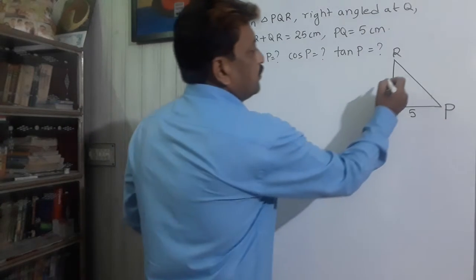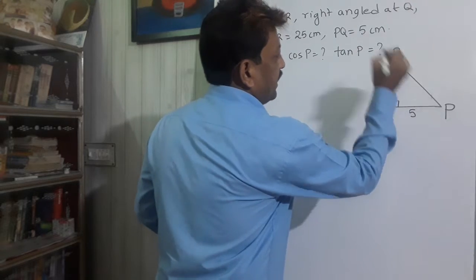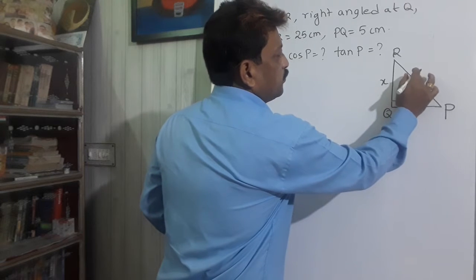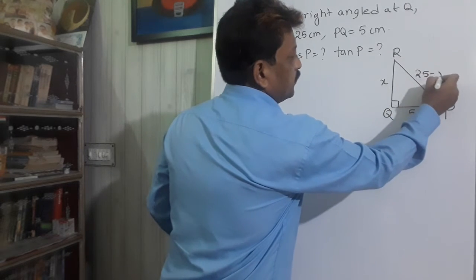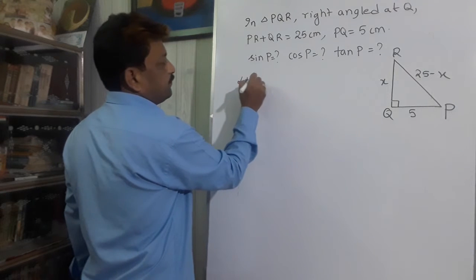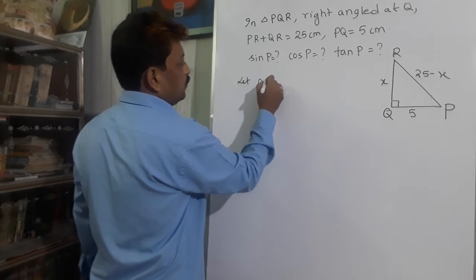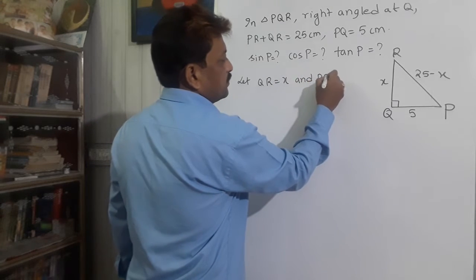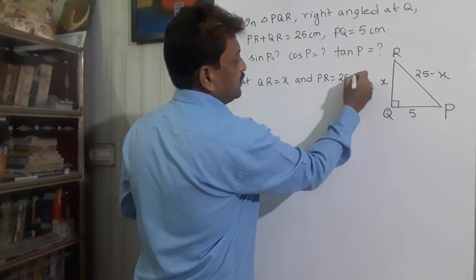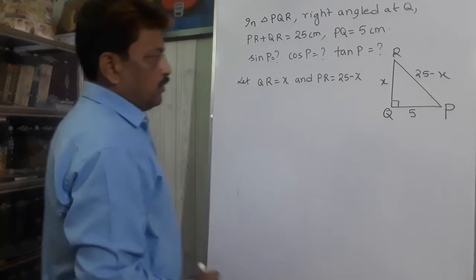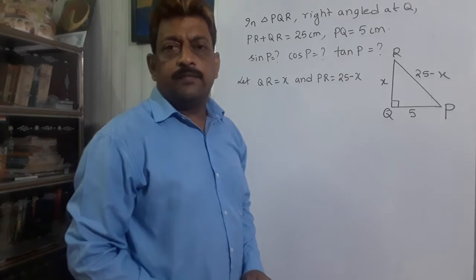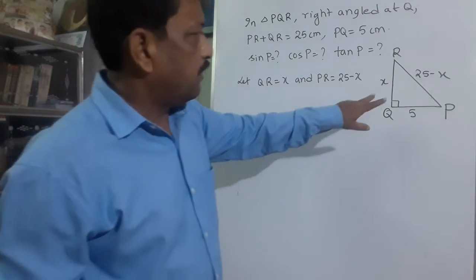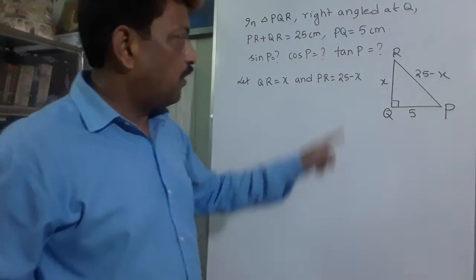So I am taking this value QR as X, therefore PR will be 25 minus X. Okay, so let QR is equals to X and PR is equals to 25 minus X. Okay, so since this is a right triangle, therefore we have to use the Pythagoras theorem to find the values of other two sides of this right angle triangle.